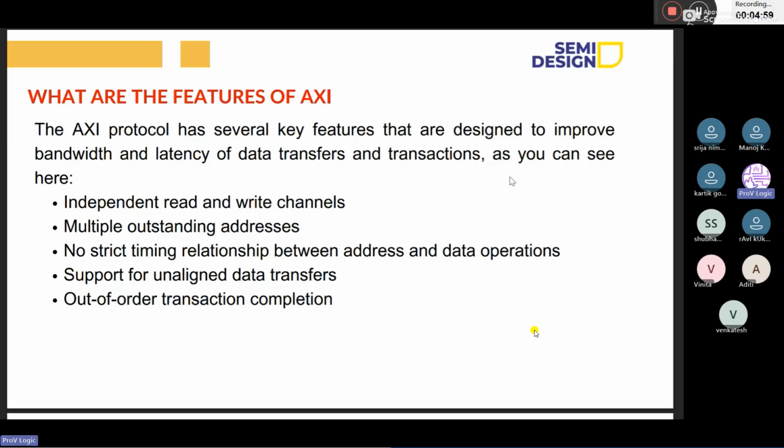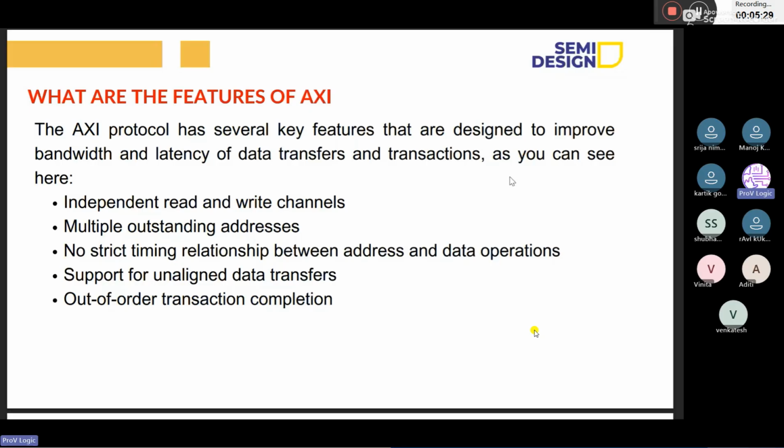Address and data have to wait for each other, and we cannot send multiple transactions at a time. We need to wait until one transaction completes, then the second transaction can initiate, and then the third, one by one.